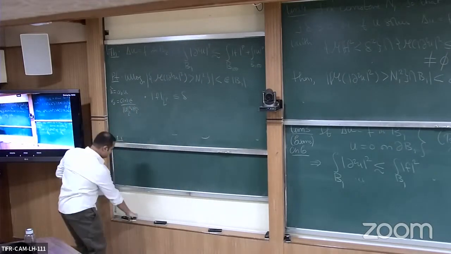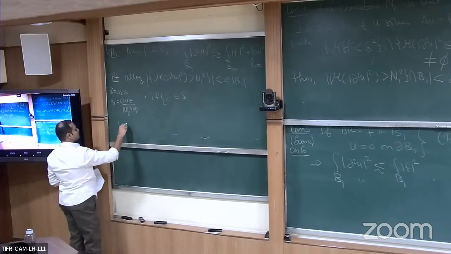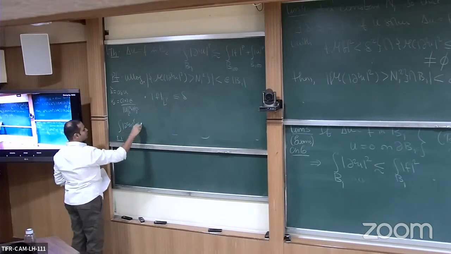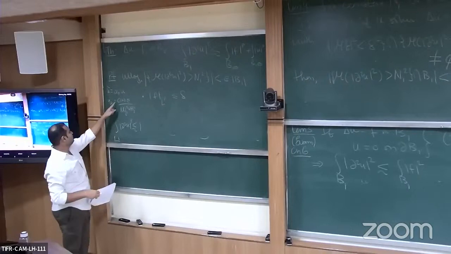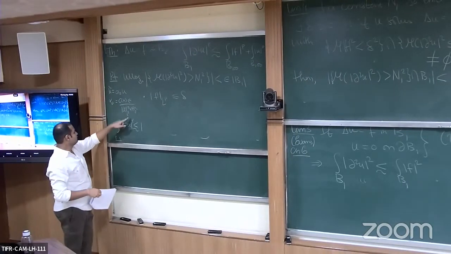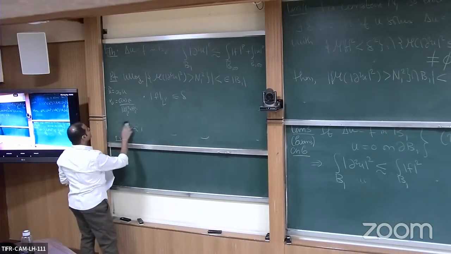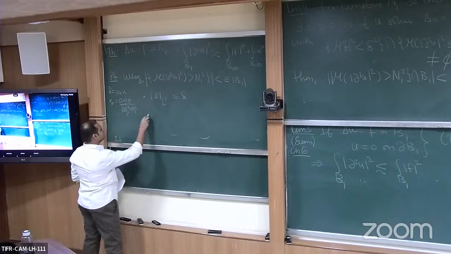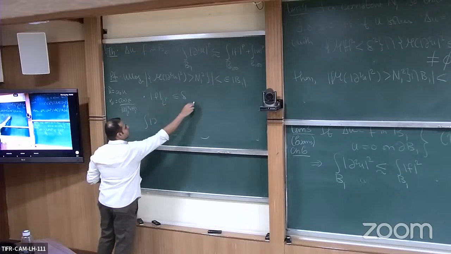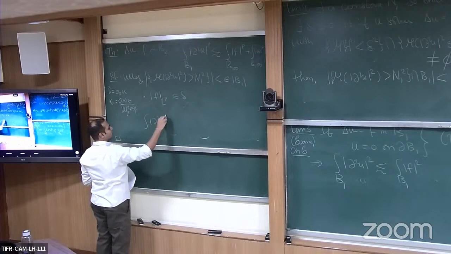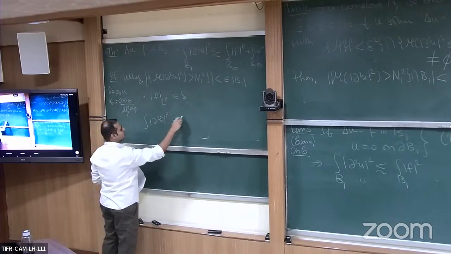So what will happen is ultimately we will get a bound like the integral of u to the power p is at most a constant, right? But because I have this factor here, let us say with this scaling I prove that the integral of u tilde to the power p is at most a constant.